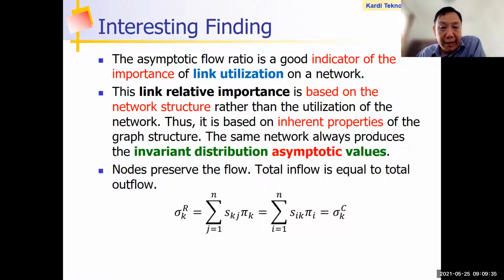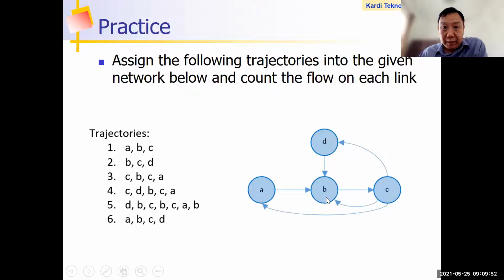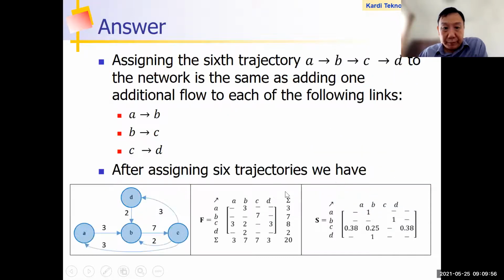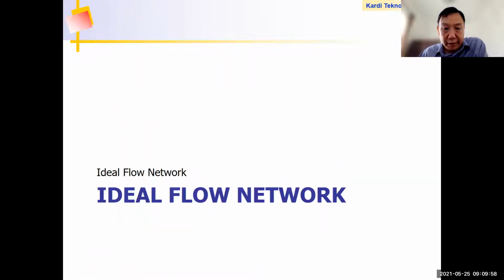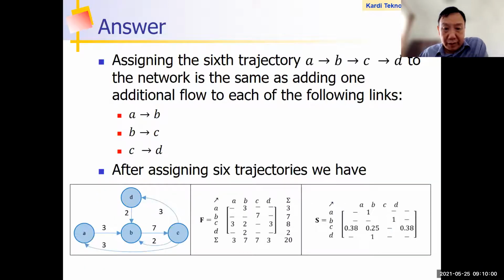And again, the sum of rows will be exactly the same as the sum of columns. That means the total inflow is equal to the total outflow. The nodes preserve the flow. So if you want, you can practice this at home. You create exactly the same as before.